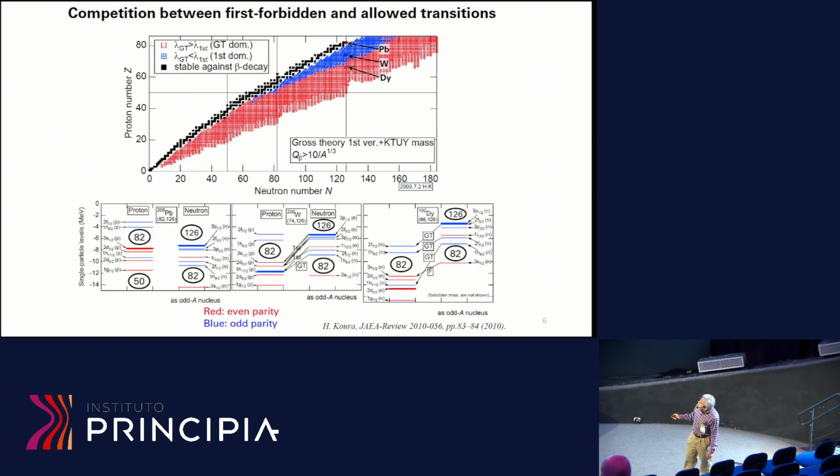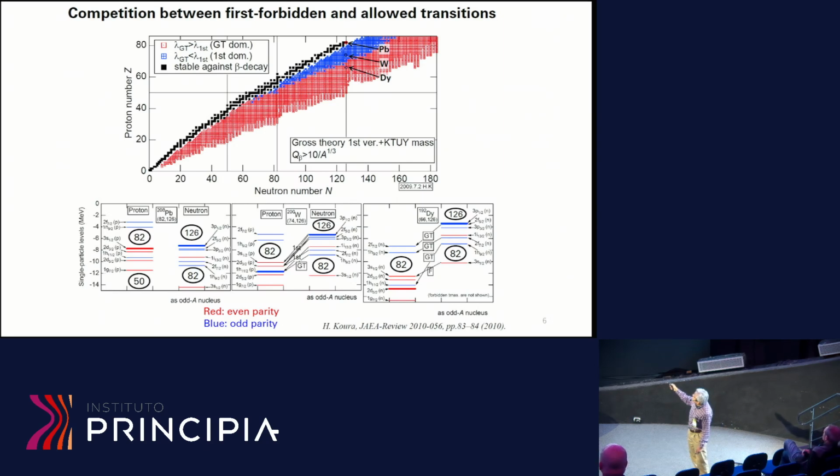So why is the theoretical prediction difficult in this region? It is because this is located in a competition region between the first forbidden and allowed transitions. As shown in this figure, the blue color indicates the region where the first forbidden transitions are dominant.